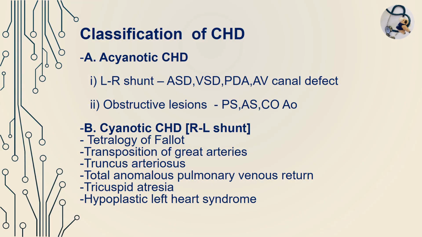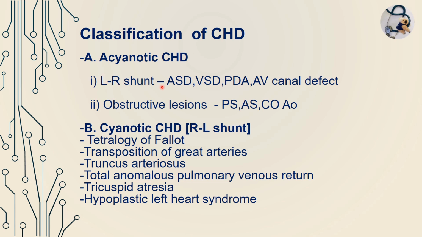Now come to the classification of congenital heart disease in short. In detail I'll tell you later. Grossly, congenital heart disease can be acyanotic, that is without cyanosis, and another can be with cyanosis, known as congenital cyanotic heart disease. Acyanotic heart disease, number 1, occurs with a left to right shunt.